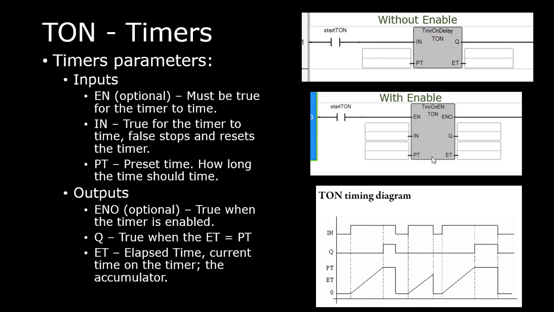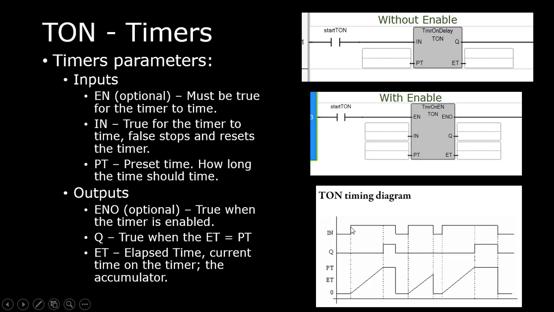Now, timer on delay timers will time when the input is true, and they will stop timing and reset when the input is false. This timing diagram shows that functionality. When the input is false, the Q is false and the elapsed time is at 0.